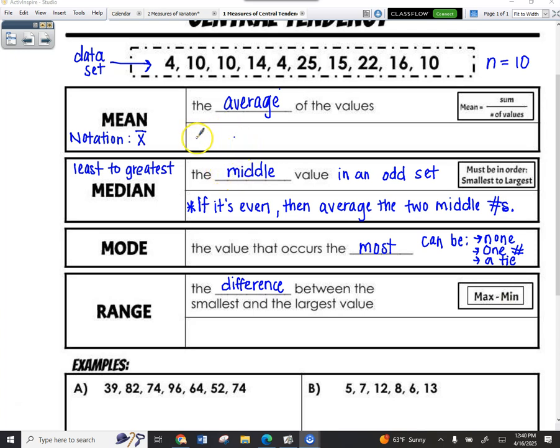We are going to go ahead and put it in ascending order just so that we are all on the same page. Will you please come right here, and will you please reorder the data right here, least to greatest. Reorder the data least to greatest.